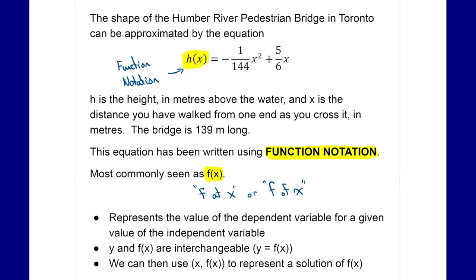And basically what that notation does, it represents the value of the dependent variable for a given value of the independent variable. Remember, dependent is referring to y, independent is referring to x. Basically, it's saying it's going to give us a y value for a given x value.